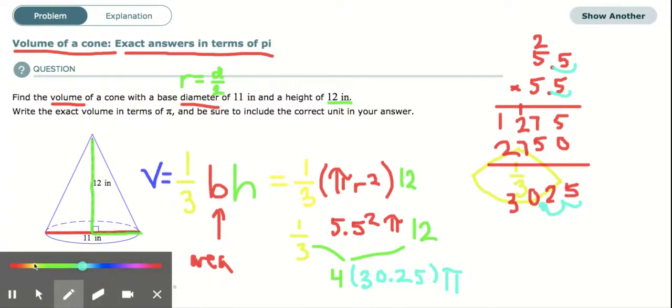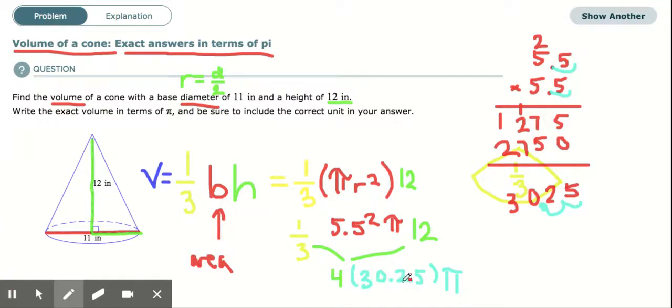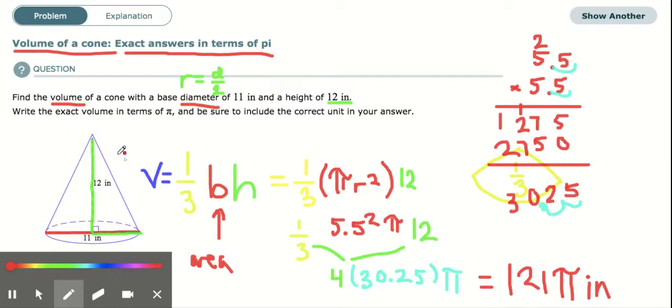All right, well, let's see. What is 4 times 30? Well, that's 120. And what's 4 times a quarter? Well, that's just 1. So this is actually equal to 121 pi. And then let's think, how would we write our units for volume? This is inches. And then volume is the space inside a 3D object.